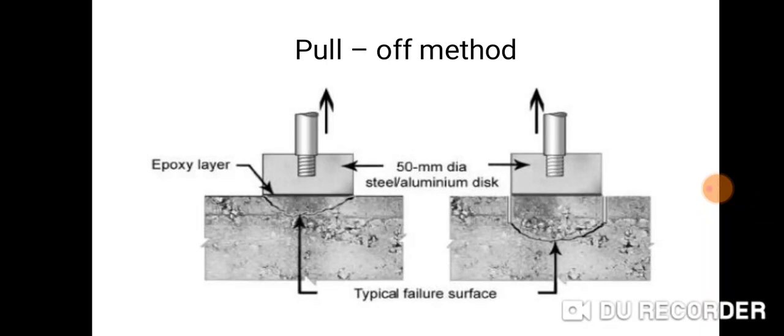In the second case, partial coring is done with a standard diameter of 75 mm, and the procedure mentioned in the first case is repeated by gluing the disc at the top of the partial core. For assessing the bond strength of the repairs with the original concrete, the depth of the partial coring should be below the surface of the original concrete.